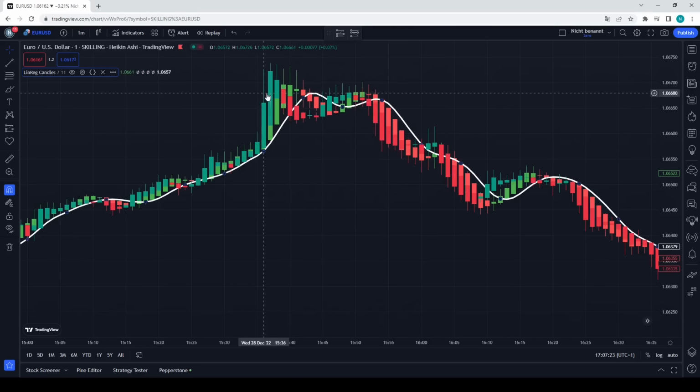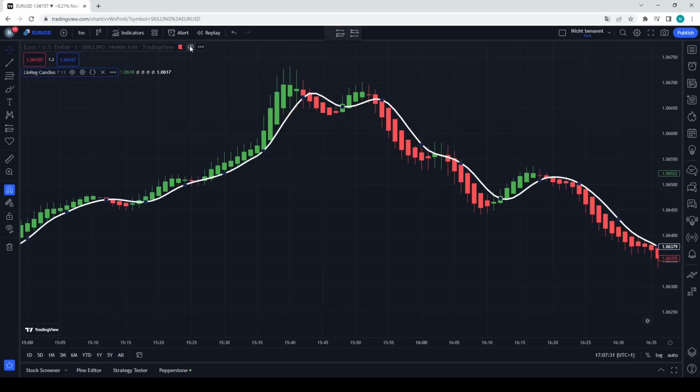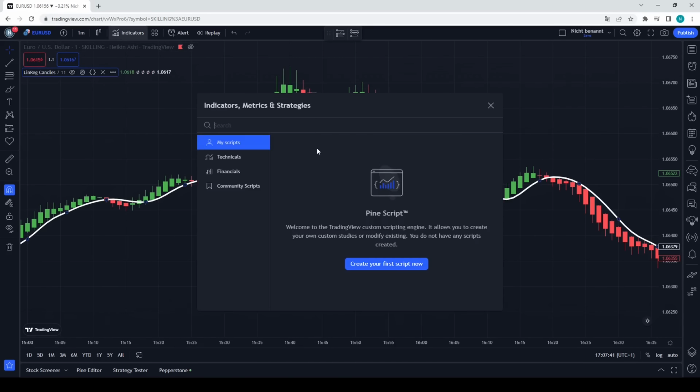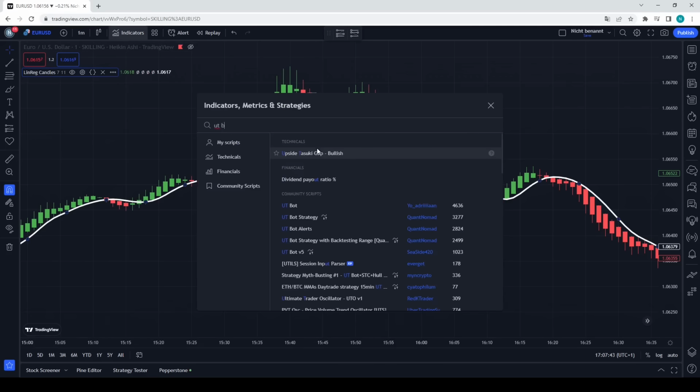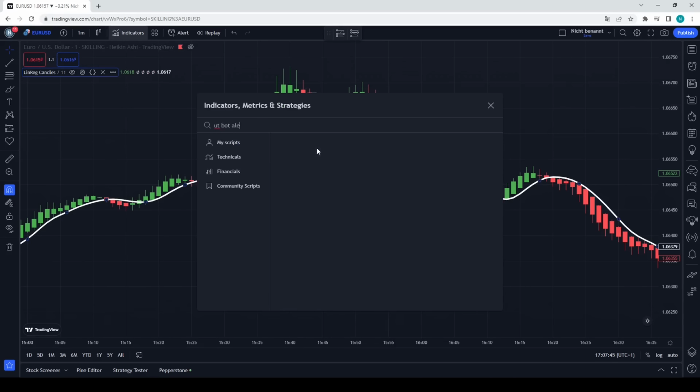As you can see now, we have two candles over each other. So what we want to do now is hide the normal chart so that only the linear regression candles are visible. The second indicator we want to add is the UT Bot Alerts, the one from Quant Nomad.